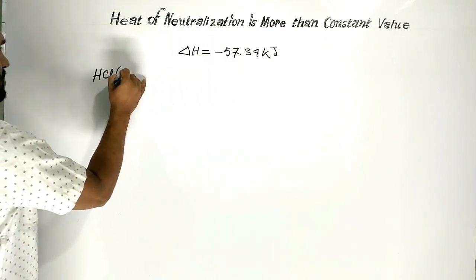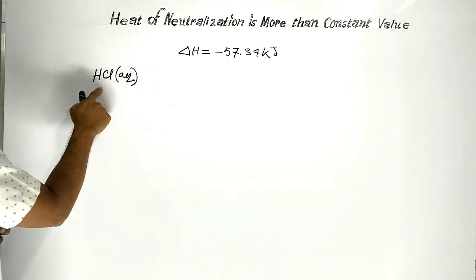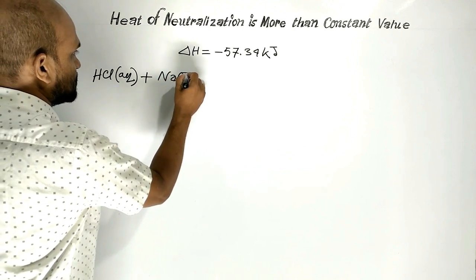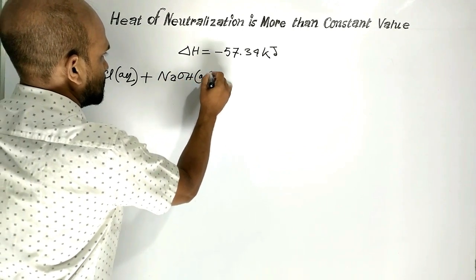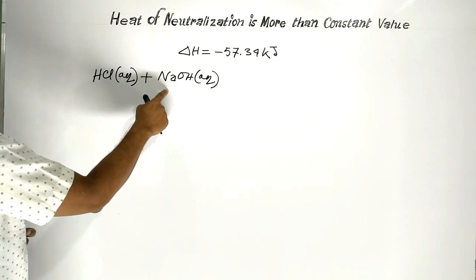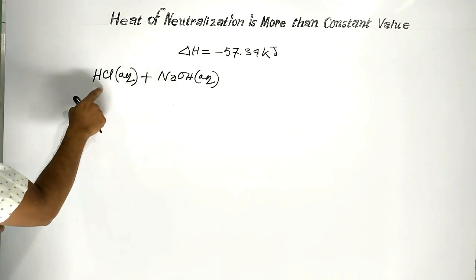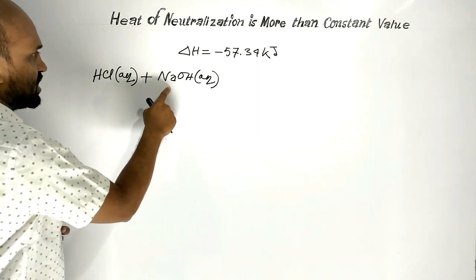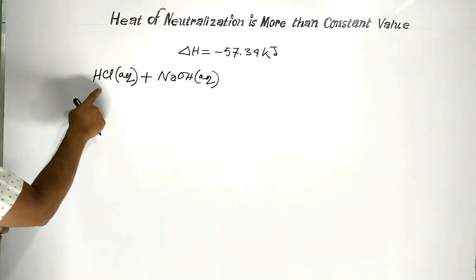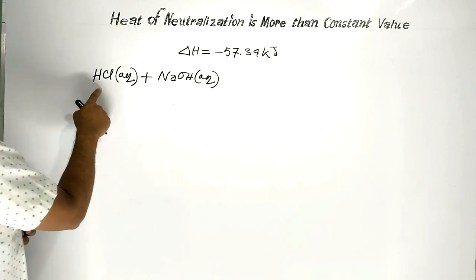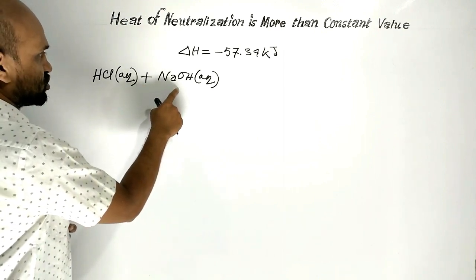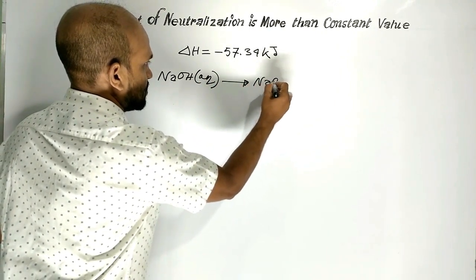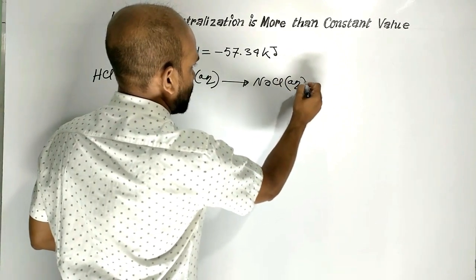strong acid, suppose hydrochloric acid, and strong base, suppose sodium hydroxide. When 1 mole of strong acid hydrochloric acid is treated with 1 mole of strong base sodium hydroxide, then sodium chloride is formed.